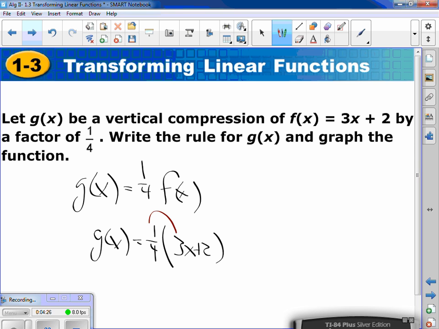What's 1/4 times 3x? It is 3/4x. 1/4 times 2 is half. And that's your answer. That's the answer? Yes. I like this one.